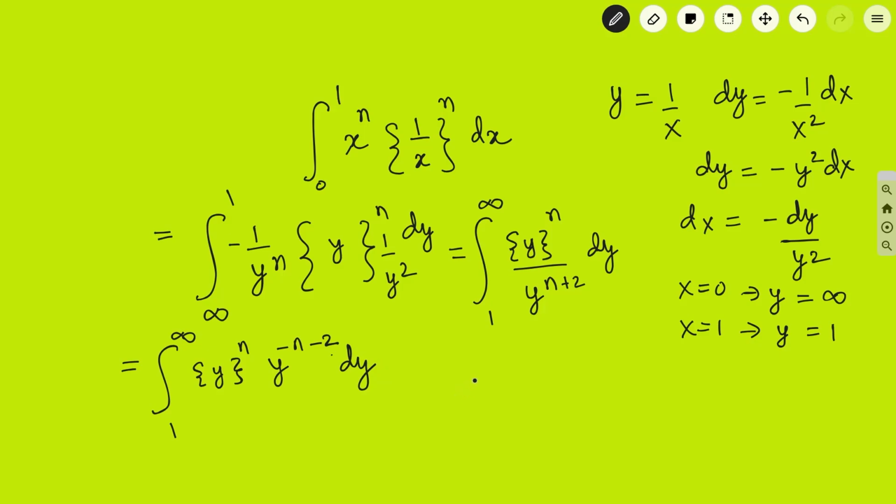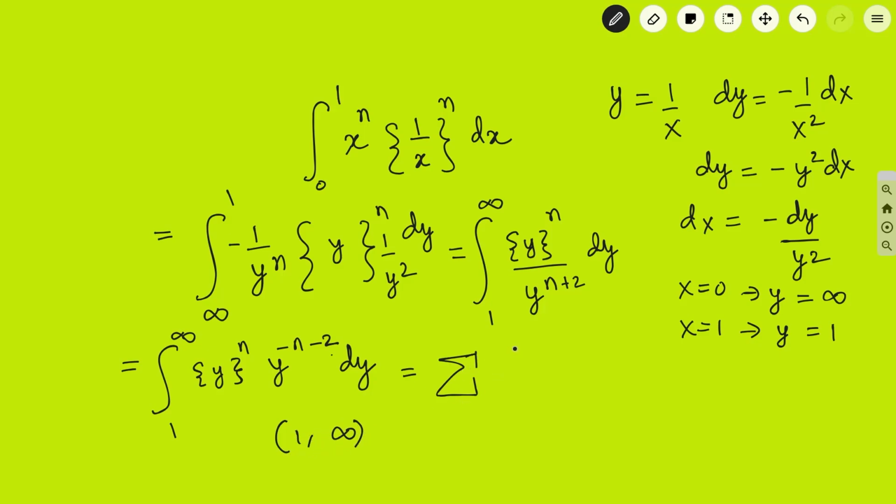Now how do we go about solving this further? You can see here the integral is from 1 to infinite, so you can make it into a summation. How do you make it into a summation? I'm going to break this integral into small integrals, partitioning the domain 1 to infinite into smaller subintervals.